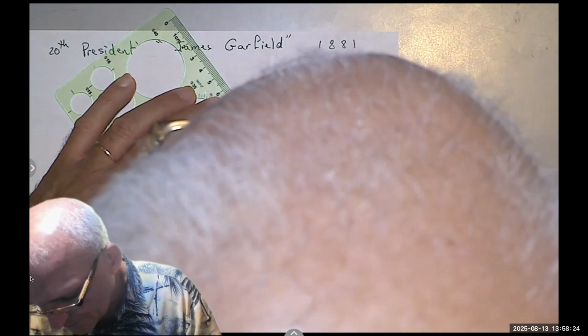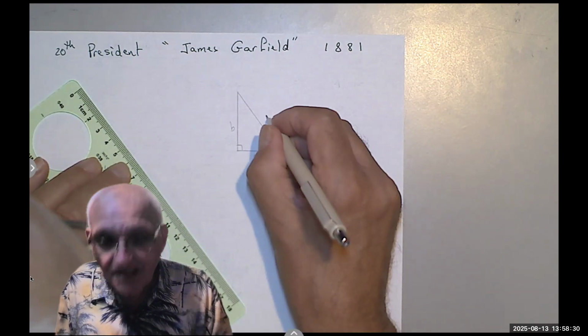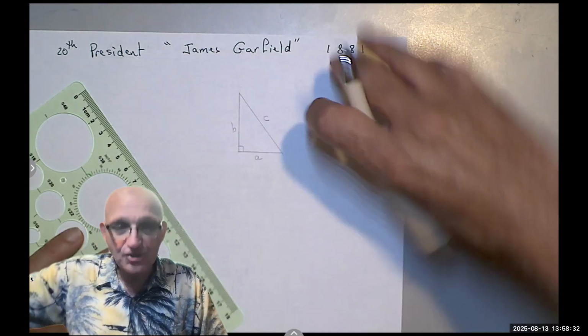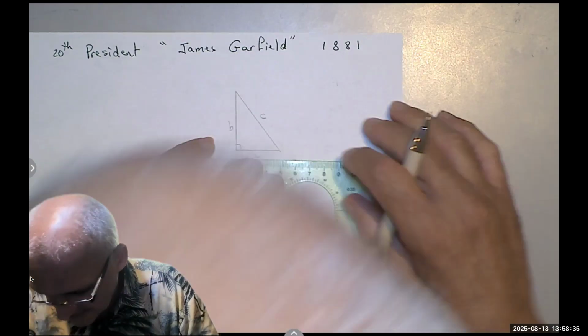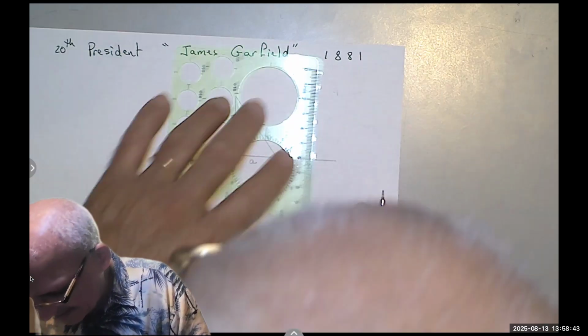He wanted to prove that the sum of squares... So if we say this is A, this is B, this is C, he took this triangle and turned it 90 degrees and slid it such that he brought the B here and the A there.